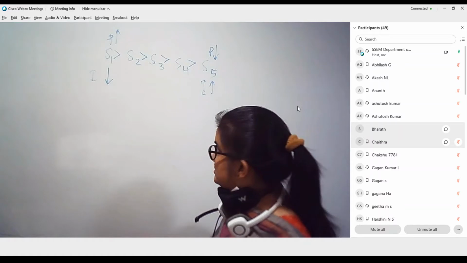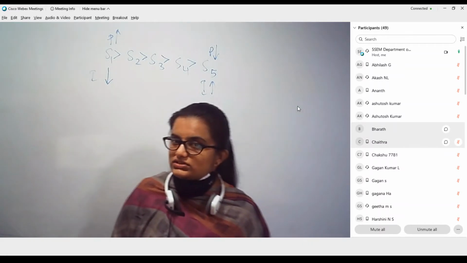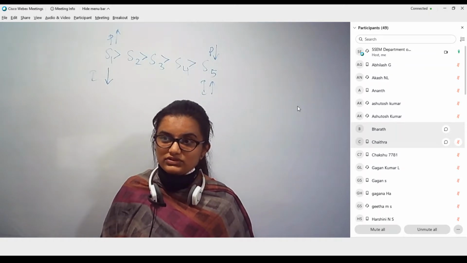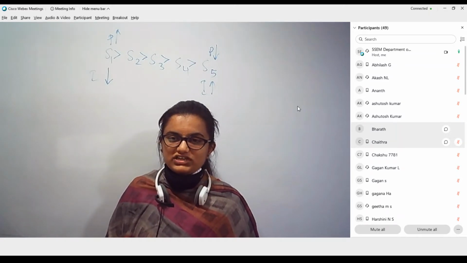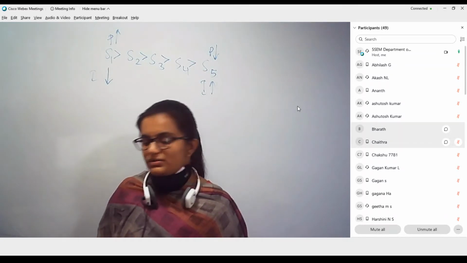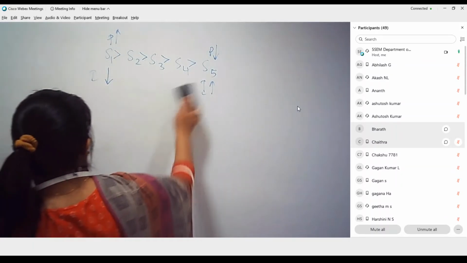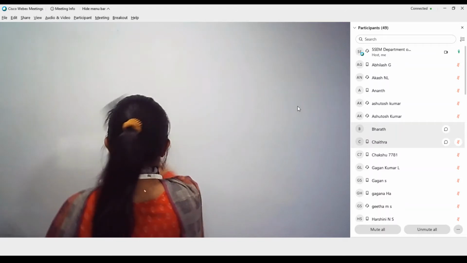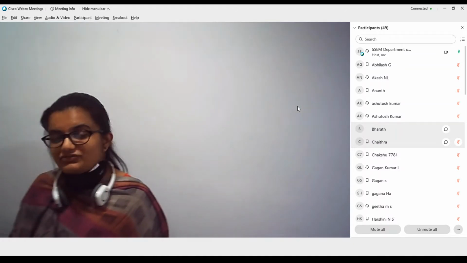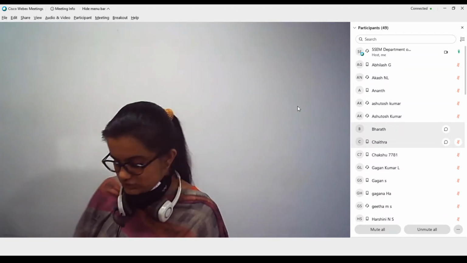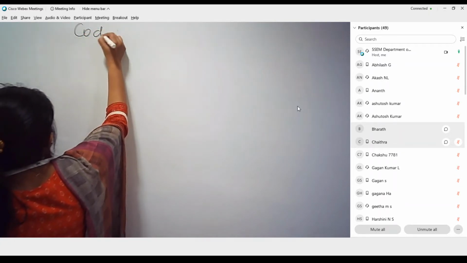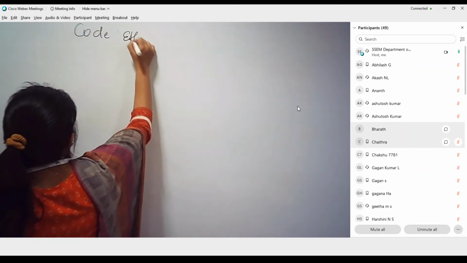So even before we go to this, we need to measure two important parameters for the code assignment, that is code efficiency and code redundancy. Whenever after assigning also, you can measure these two parameters.